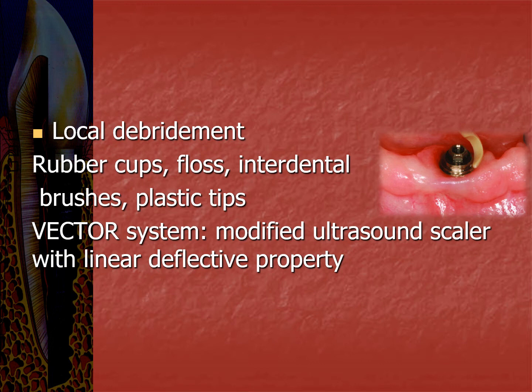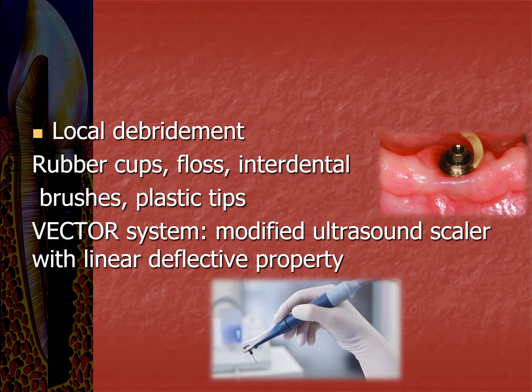instead of ultrasonic scalers, a recent advancement is the vector system, which consists of a modified ultrasound scaler with a linear deflective property. That means that the tip moves axially and parallel to the surface of the root. So the vector system claims a thorough removal of the biofilm and bacteria and ensures a smooth and clean surface.